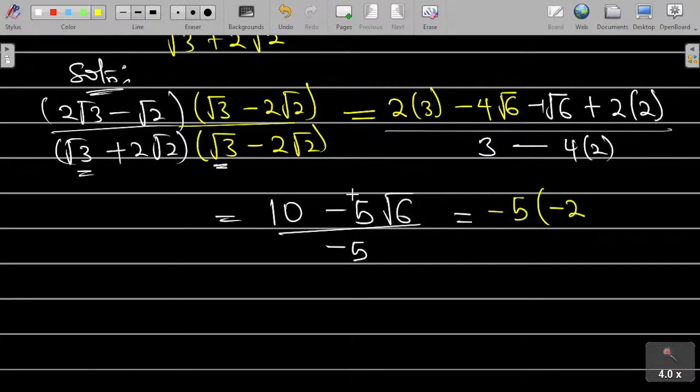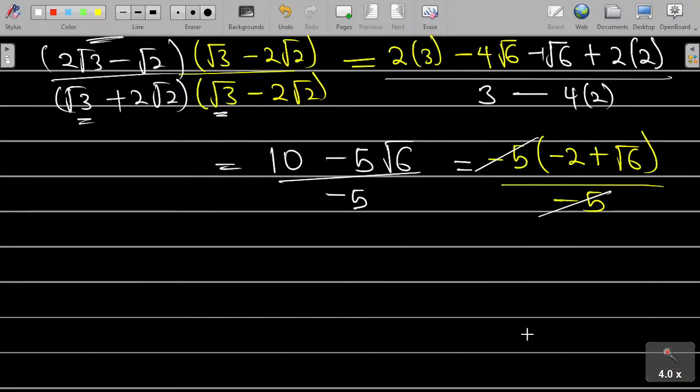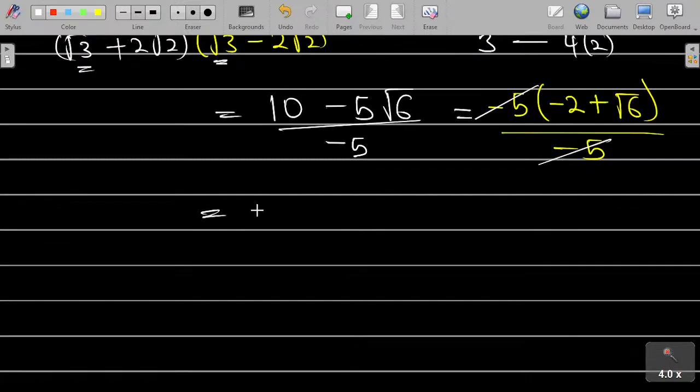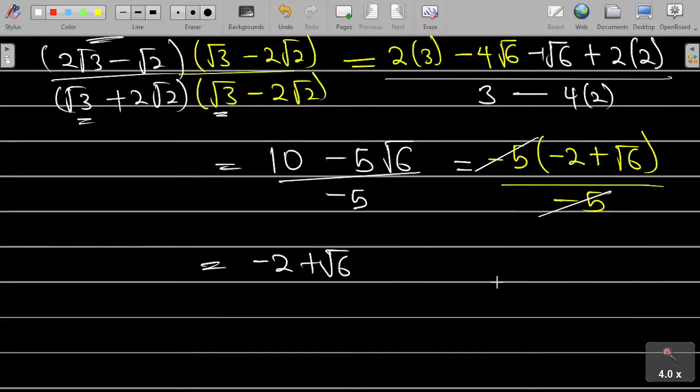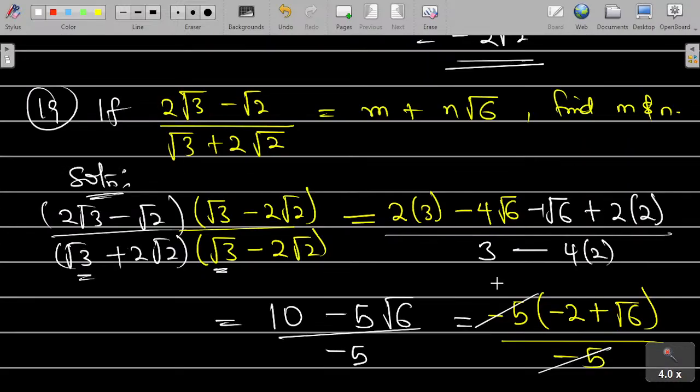Minus 5 divide this one will give me plus root 6. And that is all over minus 5. So you see my minus 5 will cancel minus 5. And so I just have minus 2 plus root 6. So I've been able to simplify the left hand side.